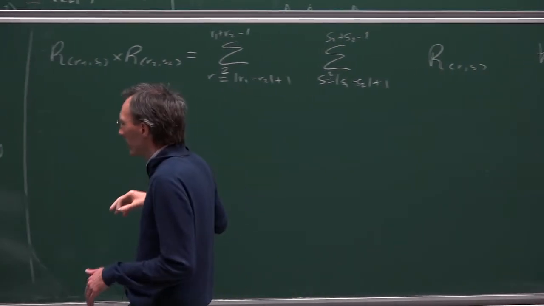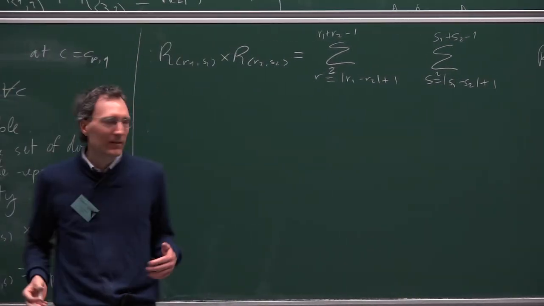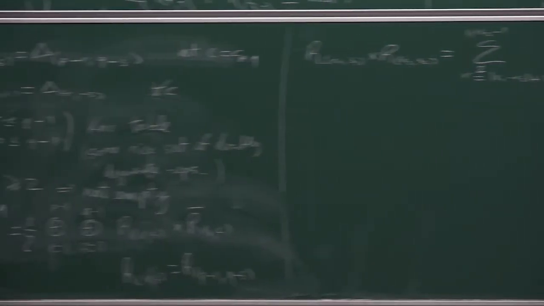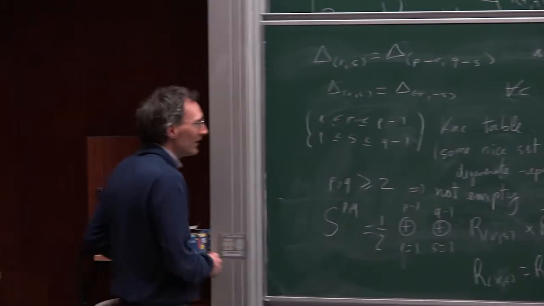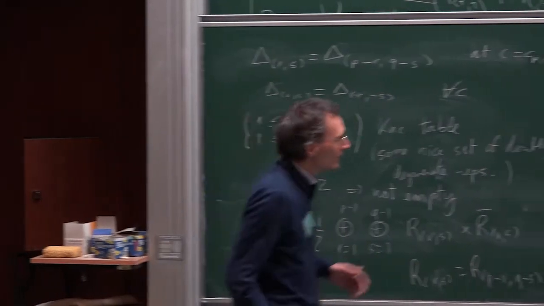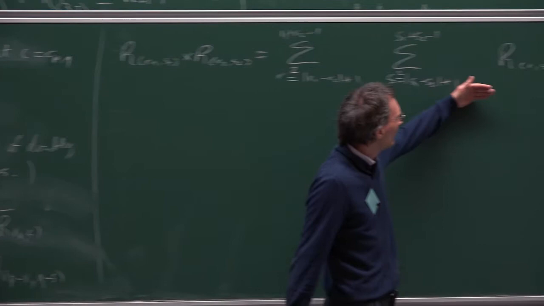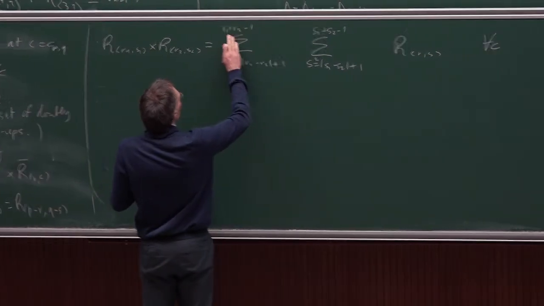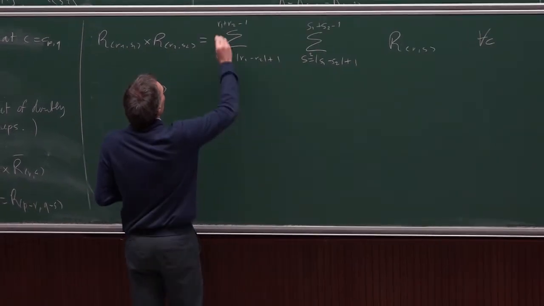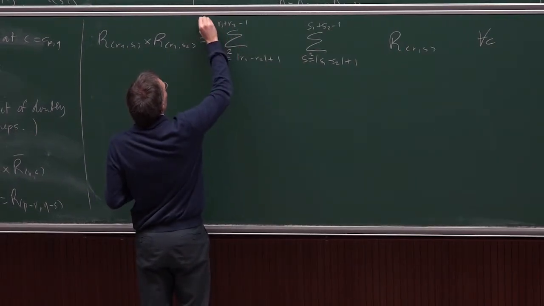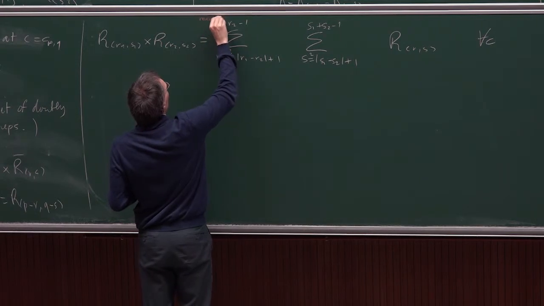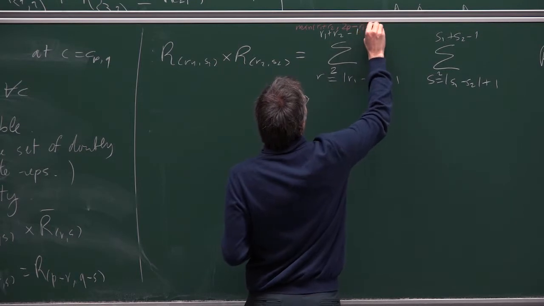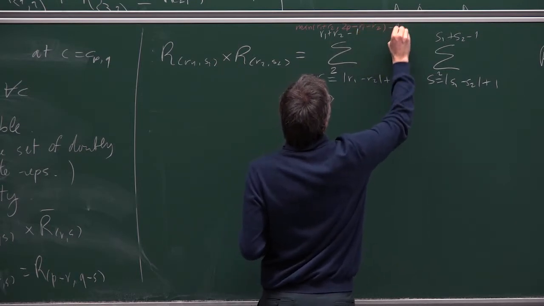But now we have to add extra constraints from these doubly degenerate representations. And that's an exercise. So let me write in red what changes when I add the extra constraints. Of course, I should find fewer representations in this fusion product. What happens is that these upper bounds get modified. So this upper bound becomes the min of R1 plus R2 minus 1 and 2p minus R1 minus R2 minus 1.